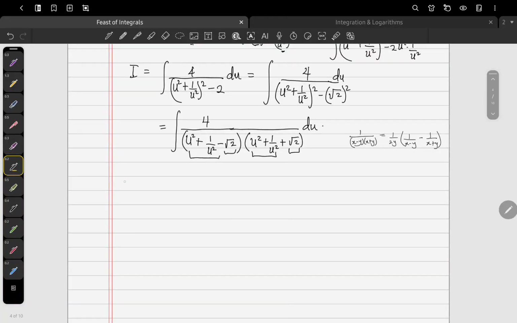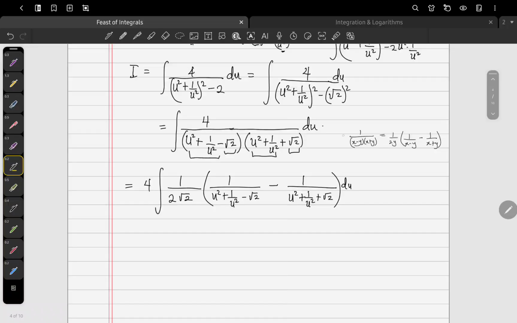So it means that this is going to result into 1 over 2 root 2, because that is 1 over 2y, then into bracket 1 over u squared plus 1 over u squared minus root 2 minus 1 over u squared plus 1 over u squared plus root 2 du.